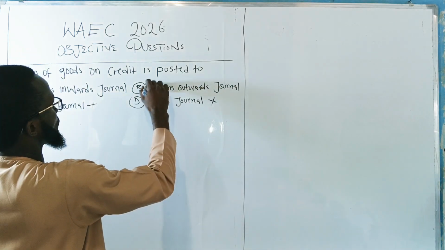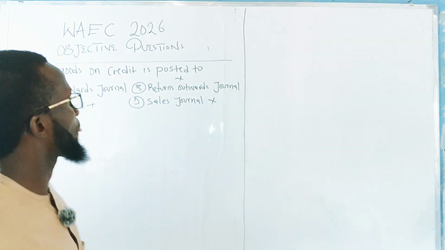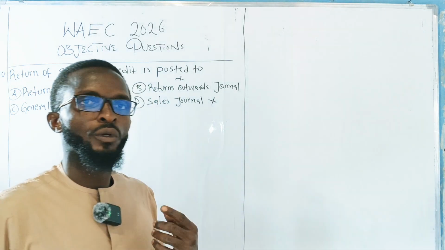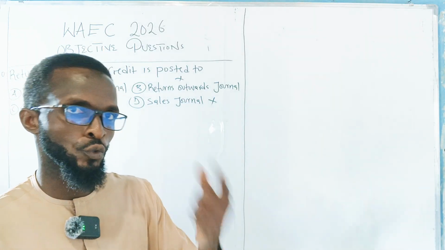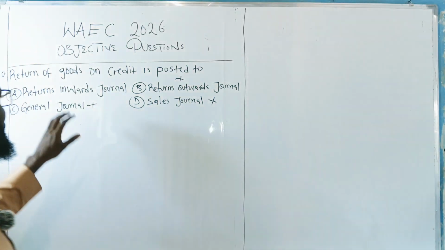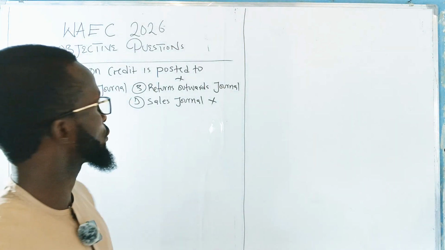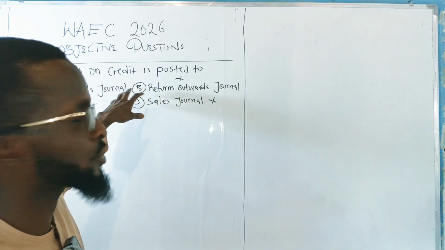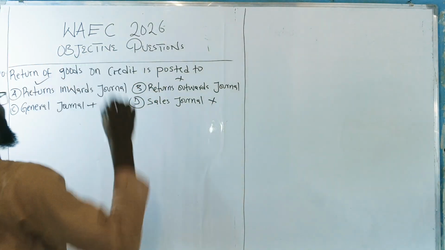And B, returns outwards journal will not be the answer also, because we use it to record goods purchased on credit and returned to the supplier. So the answer should be returns inwards journal. Therefore, the answer to this is A.